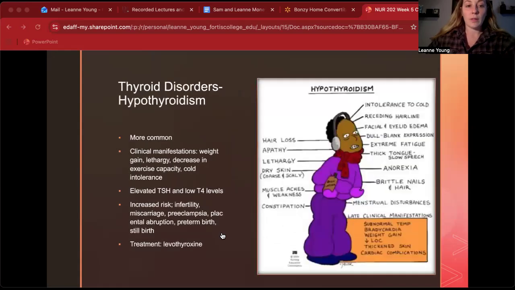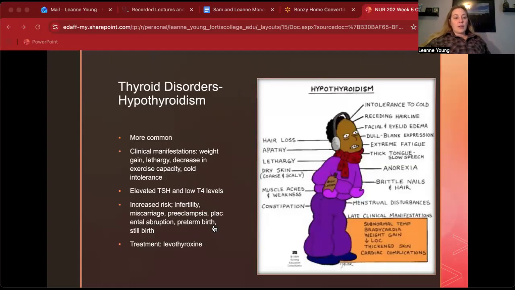So next, this brings us to hypothyroidism. This is much more common, like we said. Clinical manifestations include weight gain, lethargy, decrease in exercise capacity due to that fatigue, and cold intolerance. With a hypothyroid patient, the labs that we're going to see are an elevated TSH and low T4 levels.